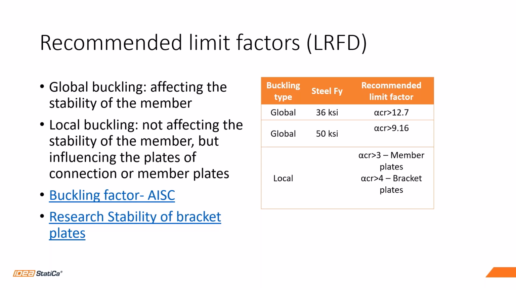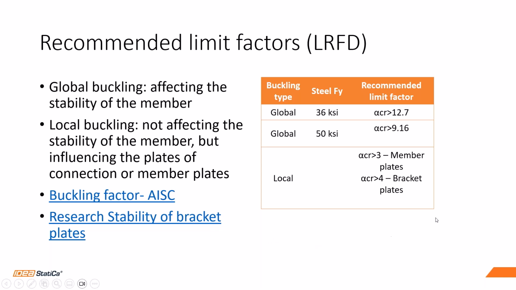You will need to use your engineering judgment to see if this is a global or local buckling issue. We have a recommended limit factor of 12 for steel grade 36 and 9.16 for steel of 50 ksi.